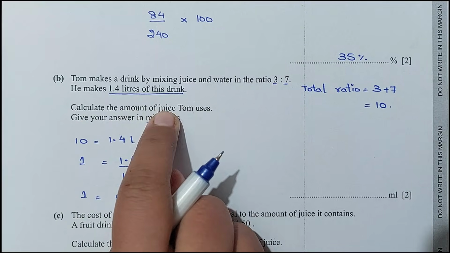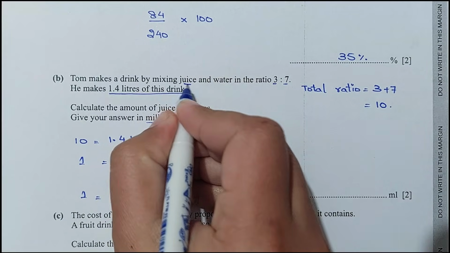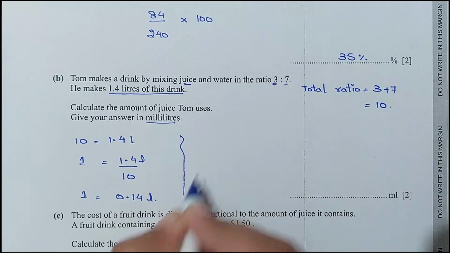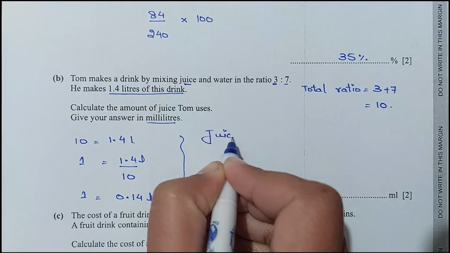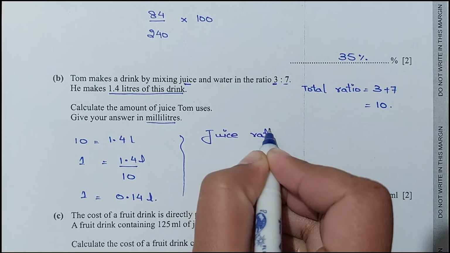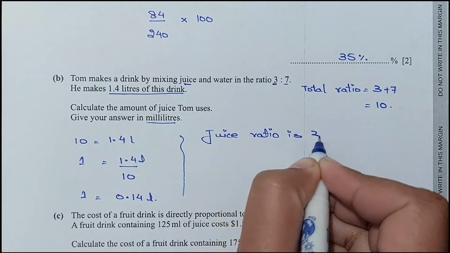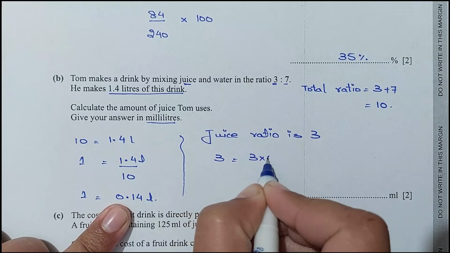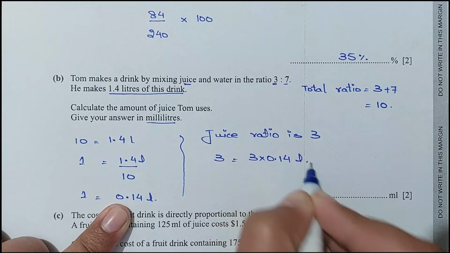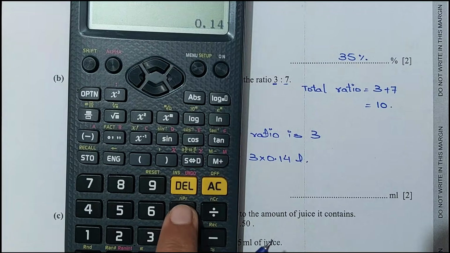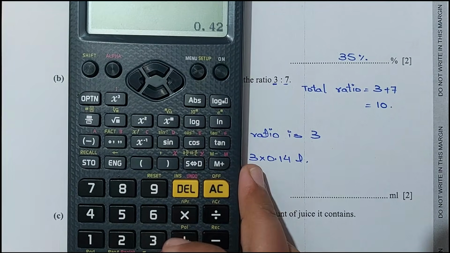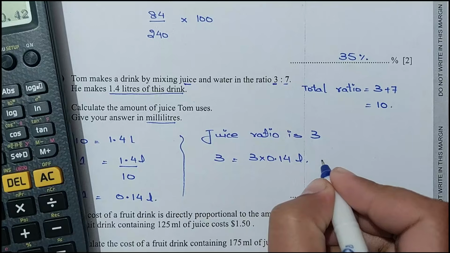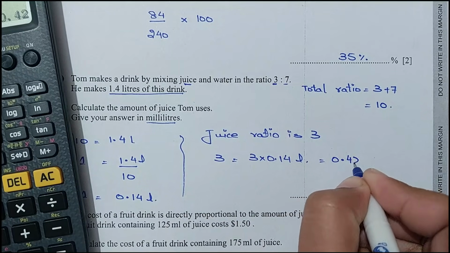Calculate the amount of juice Tom uses. Now for the juice, the ratio is 3, right? So what does 3 equal? 3 equals 3 times 0.14 liters, which is 0.42 liters.